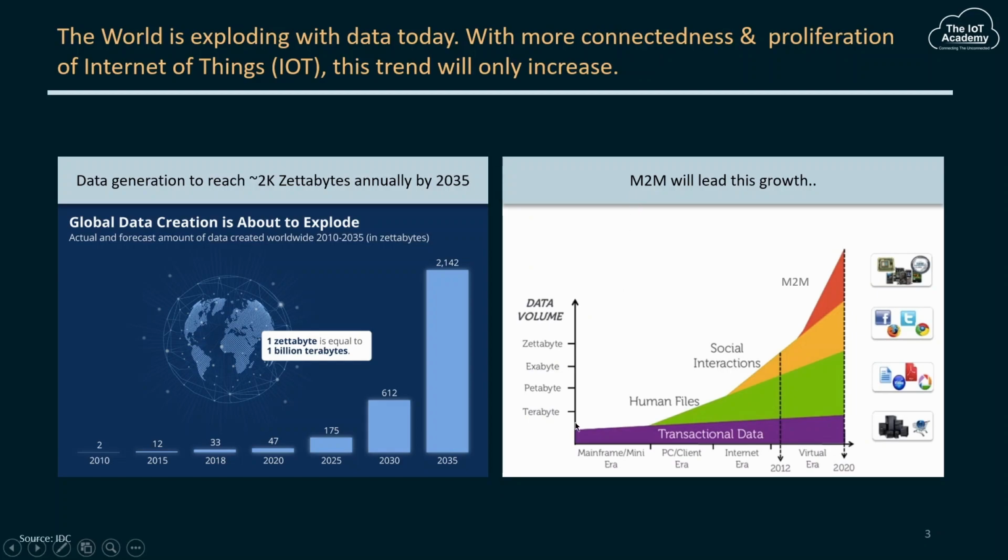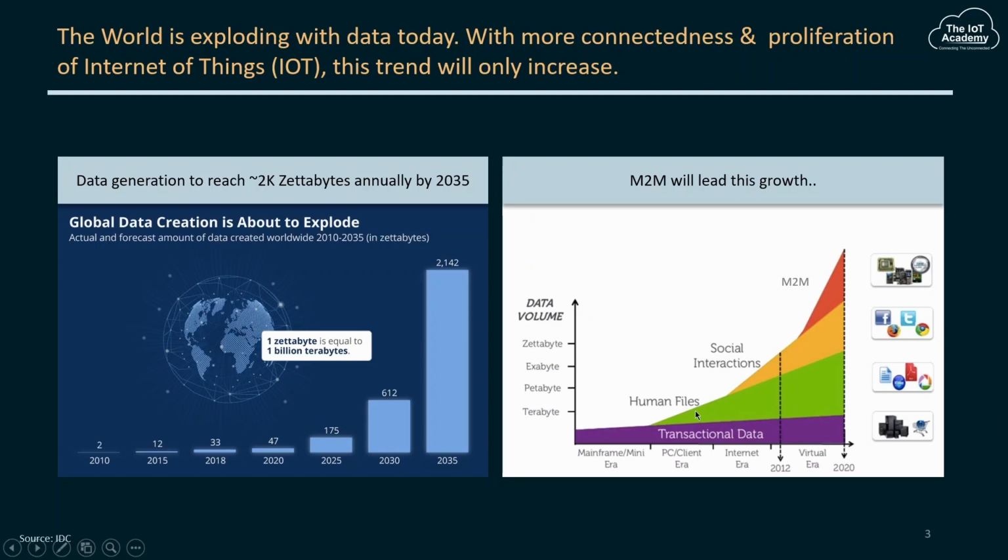data. This graph here represents how the data has evolved as per the developments in hardware and software technologies. So on the x-axis, the mainframe era, mini era, PC client era, internet era, and now we are in a virtual era where the transactional data is increasing but at a steady rate.